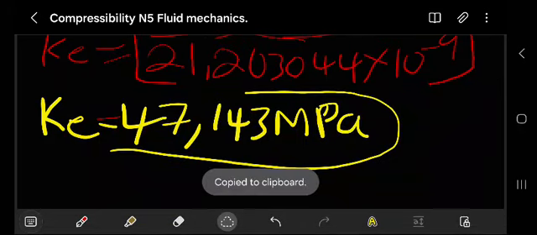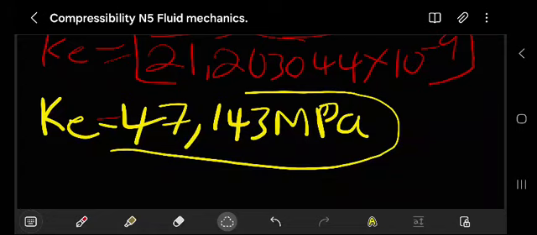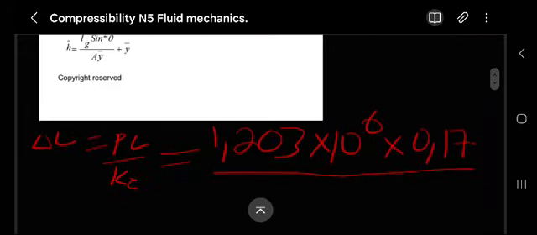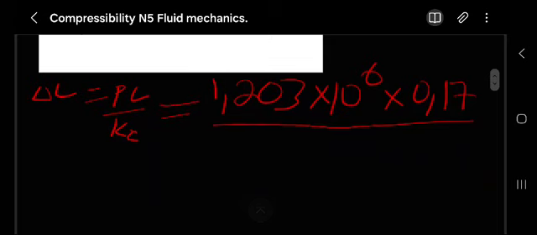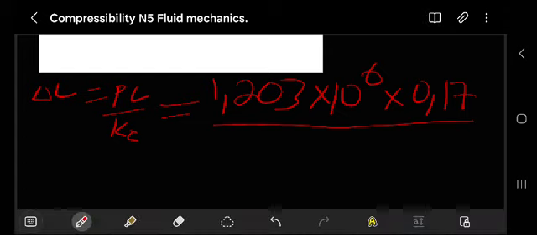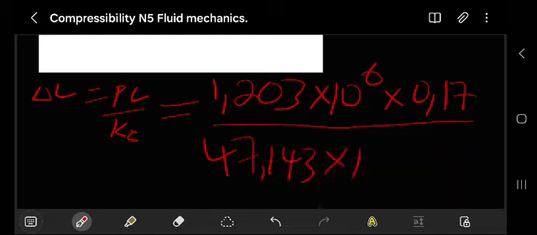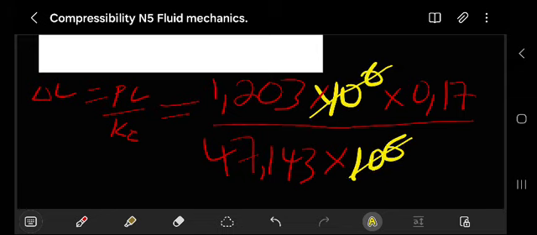It's 47,143 megapascal, which is the same as times 10 to the power of 6. Right, this and this will cancel because it's the same.